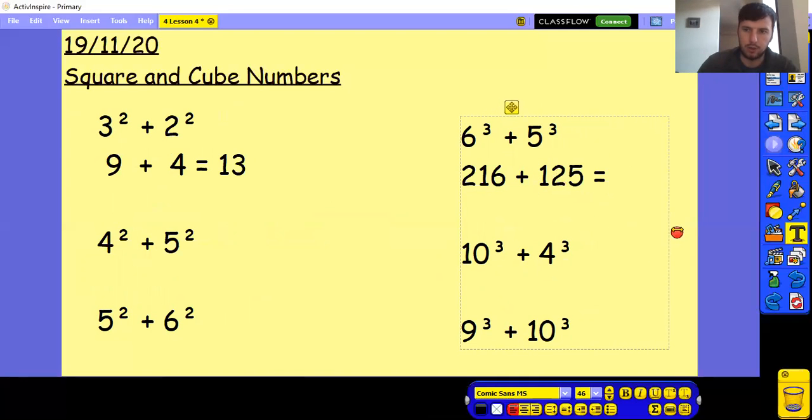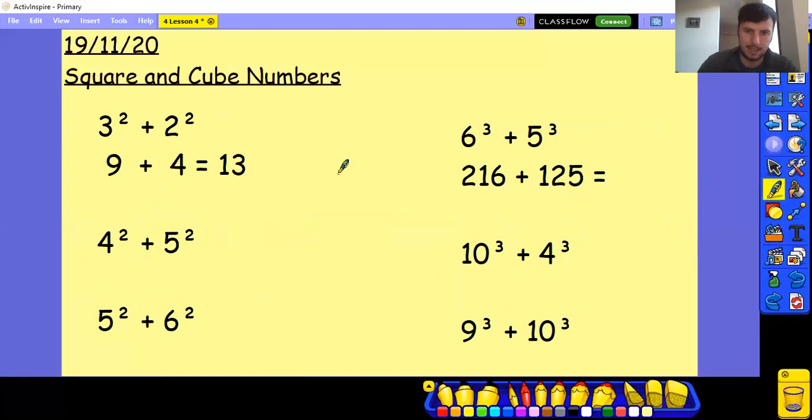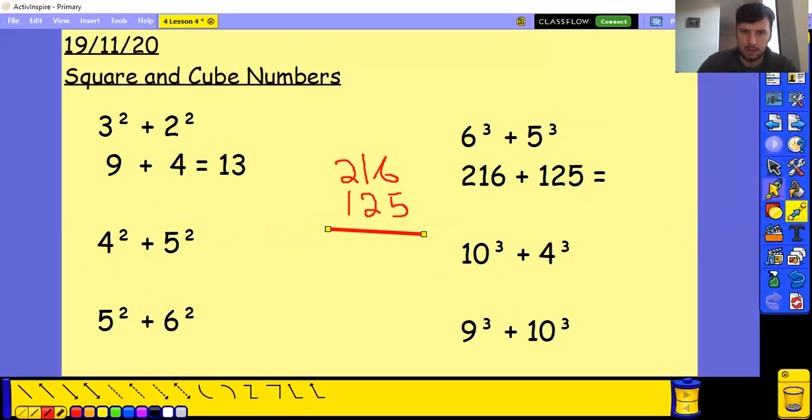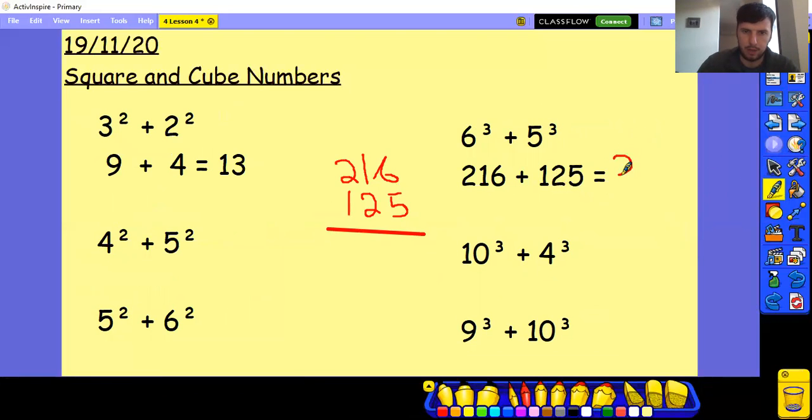Again, if you're not quite sure, you can do it in your head, or you can do the column method, 125. However, I know that this is going to be 341. So have a go at those next 4 by yourself, because some are a bit tricky.